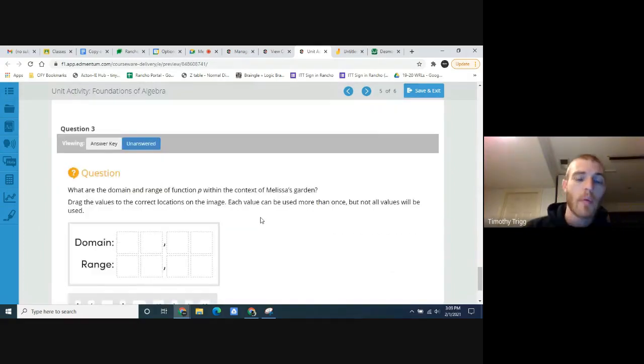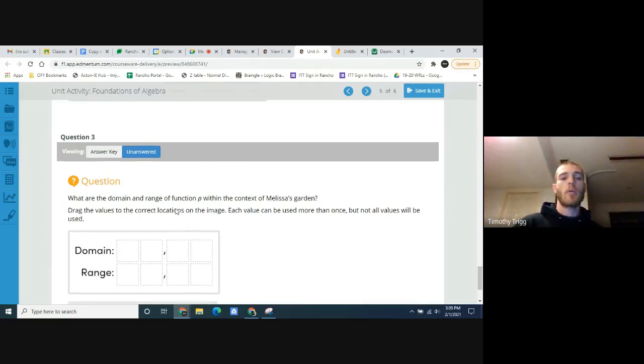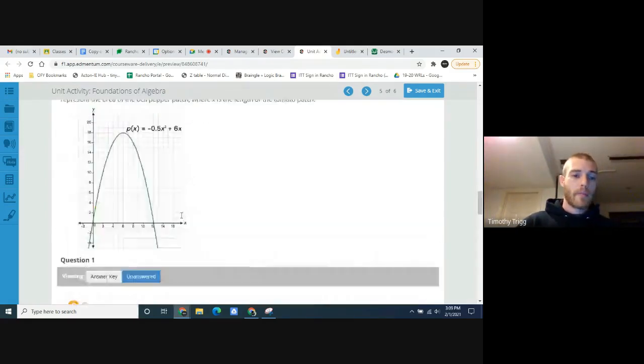Okay, so now we want the domain and range for this. What are the domain and range for the function p within the context of Melissa's garden? So if we look at this graph, its normal domain would be from negative infinity to infinity because it goes on forever in both directions.